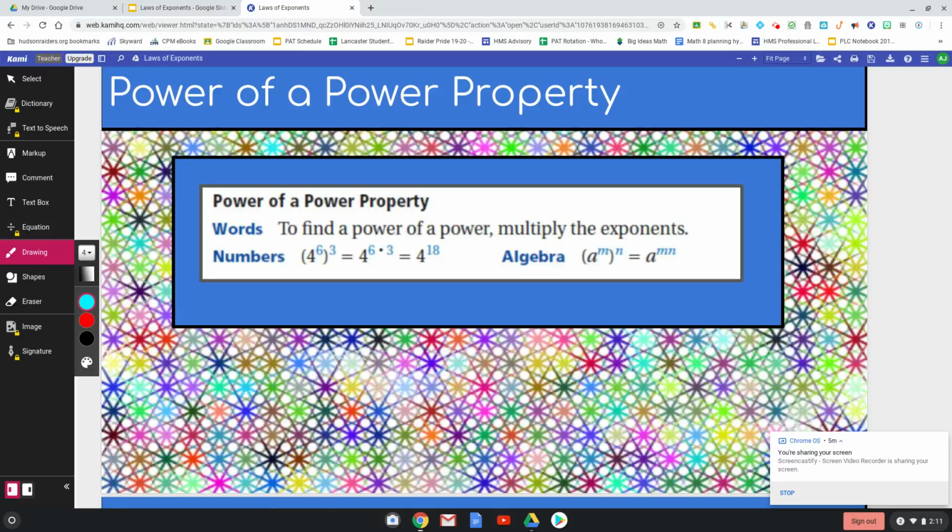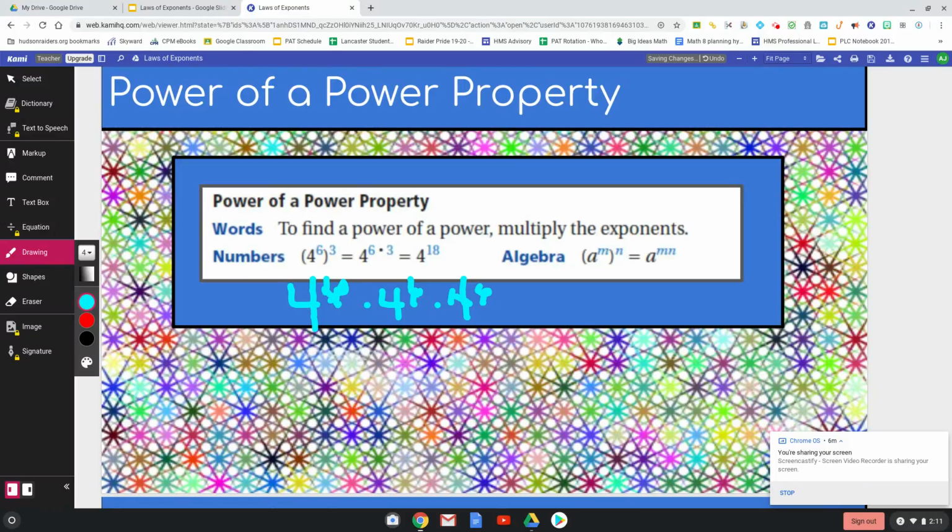So that's really taking 4 to the 6th and multiplying it 3 times. So that would be 4 to the 6th power times 4 to the 6th power times 4 to the 6th power.